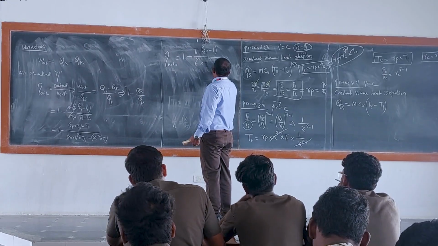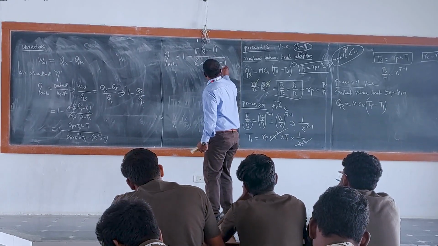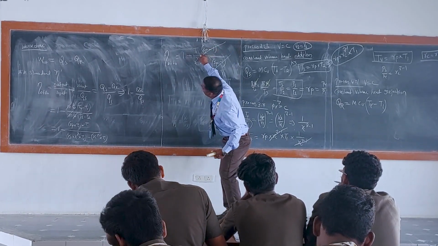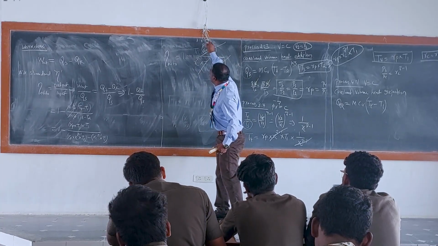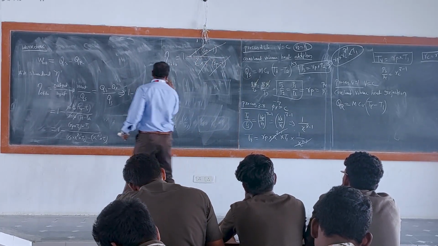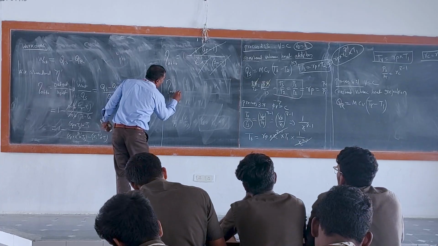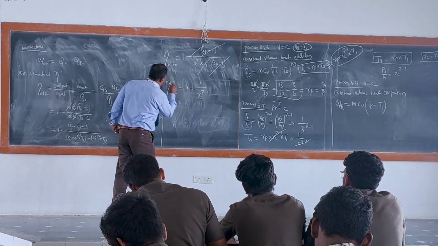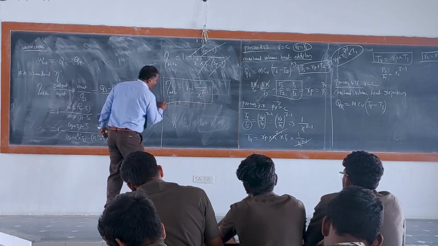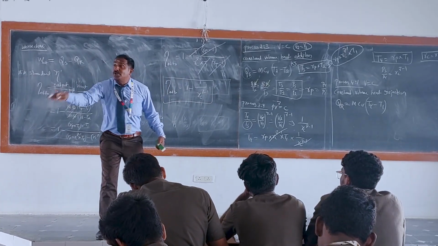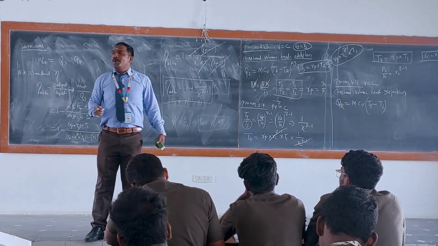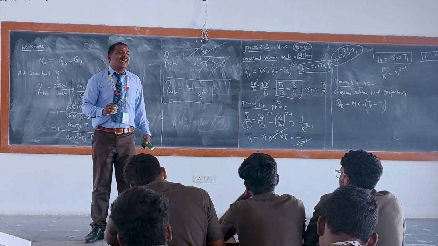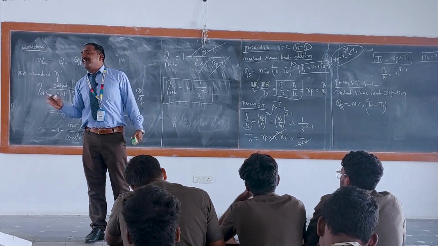Remaining is RP minus 1. This RP minus 1 and that RP minus 1 will get cancelled, and T1 will get cancelled. What remains is 1 minus 1 divided by RC power gamma minus 1. If you know only the compression ratio, you can find out the efficiency of the Otto cycle.